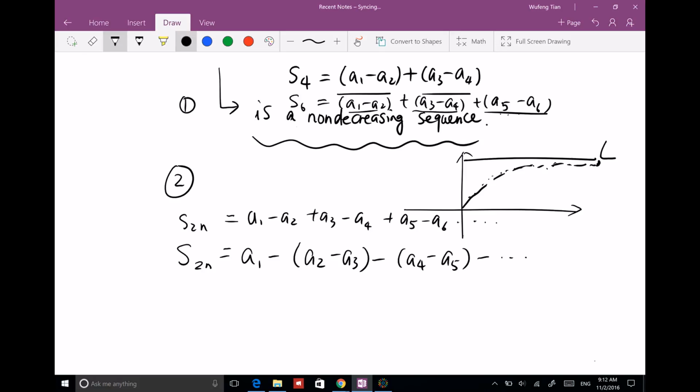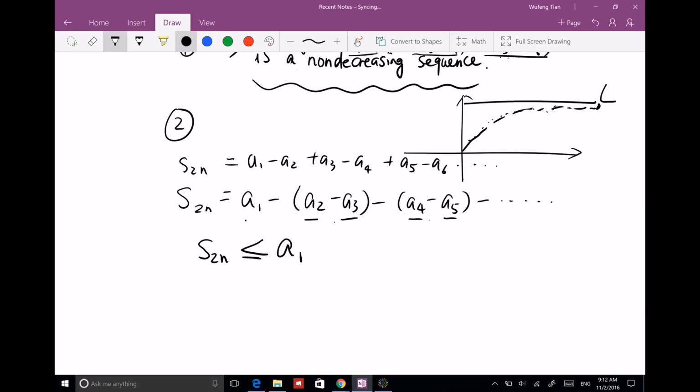Well, then we can compare: a_2 is bigger than or equal to a_3, a_4 is bigger than or equal to a_5. So we know that a_1 is subtracting something positive. So we know that S_2n, for sure, will be less than or equal to a_1, because a_1 keeps subtracting some positive numbers. This is positive or equal to 0, at least non-negative. You're subtracting something non-negative, so it must be less than or equal to a_1. Now we have a_1 is your boundary.